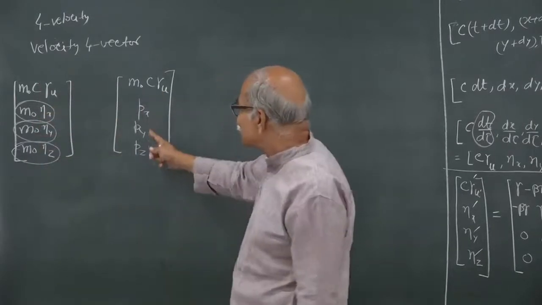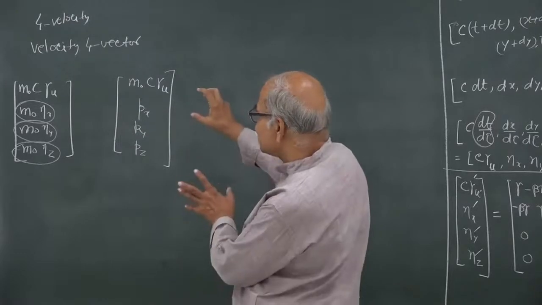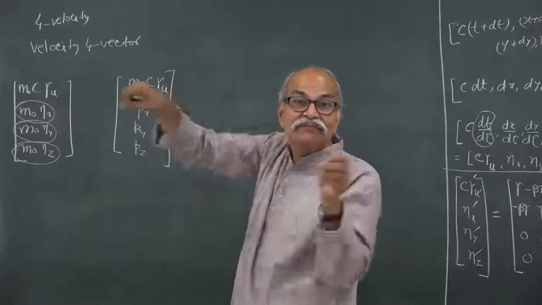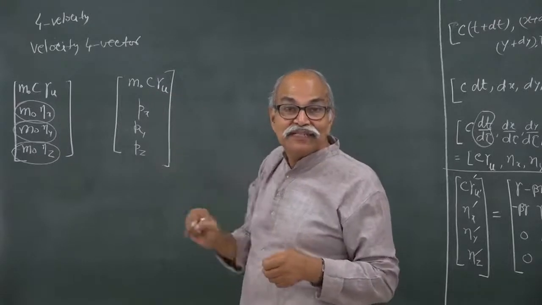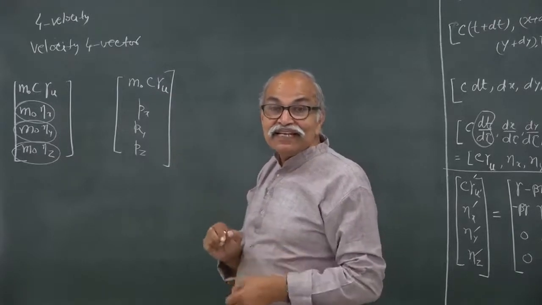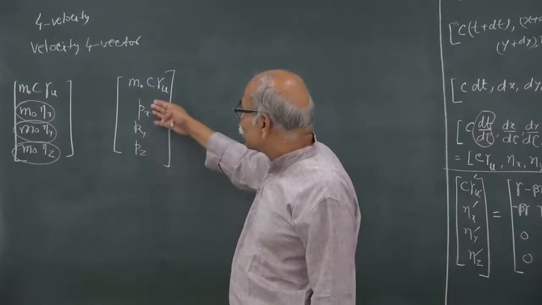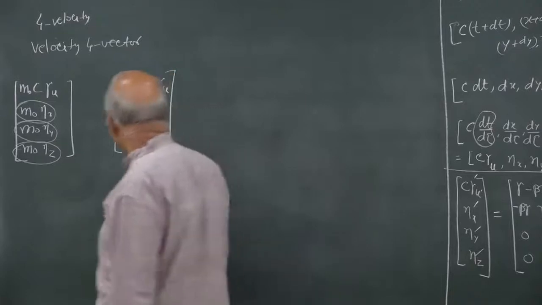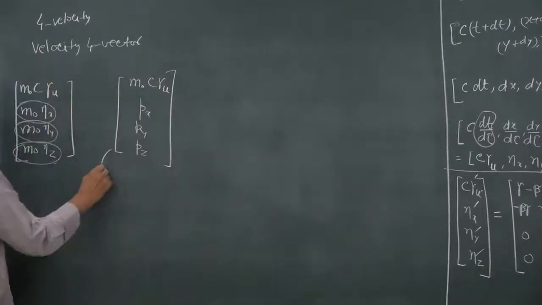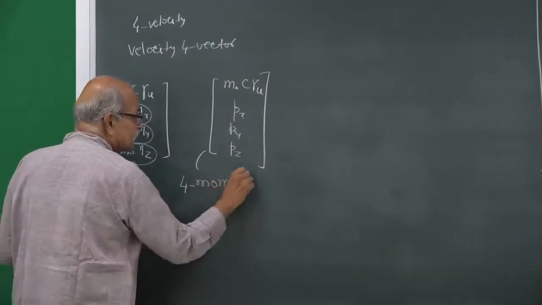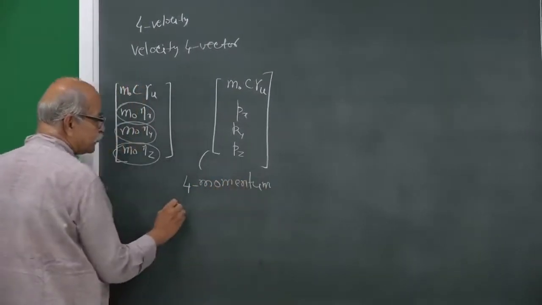So, the linear momentum, if I define it in this way, m naught times v divided by square root 1 minus v square by c square if the particle velocity is v, is also part of a 4 vector and this is called 4 momentum or momentum 4 vector.